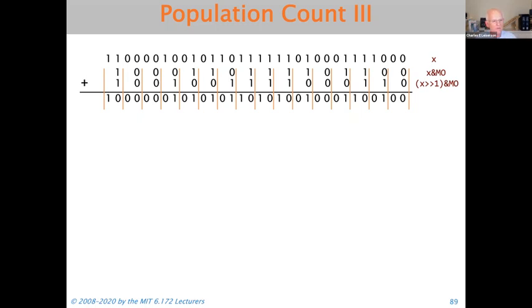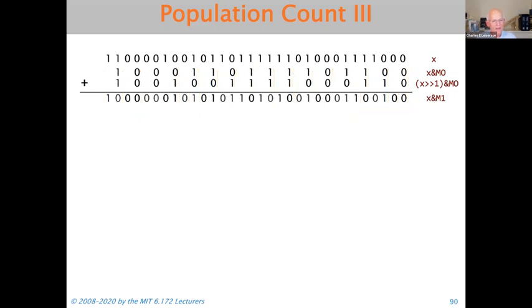So for example, the first column has 2 ones, and so now we have represented a 2. And the next column has 2 zeros, so we represent a 0, and 2 zeros again. And then the next one has only 1 one, so we represent a 1. So that's what that first step has done.